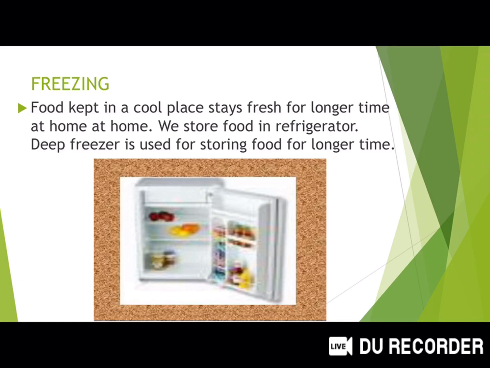Dear children, freezing food is the art of preparing, packing and freezing food at its peak of freshness. We can freeze most fresh vegetables and fruits, meats and fish, breads and cakes, etc. for later use.